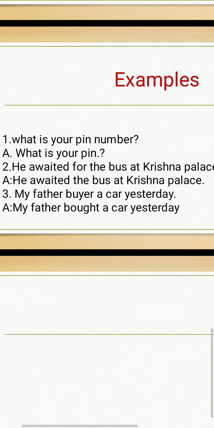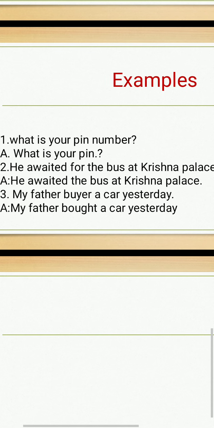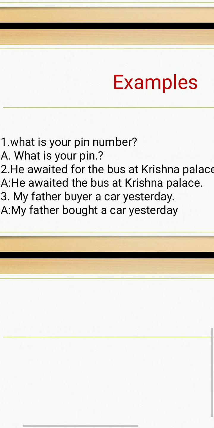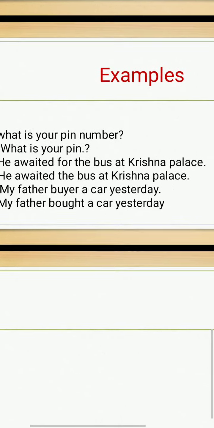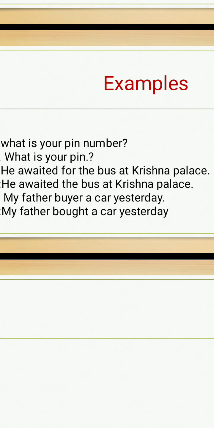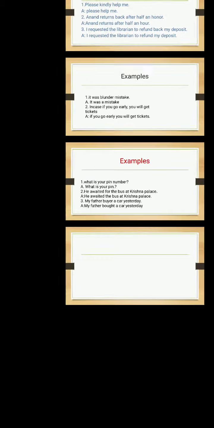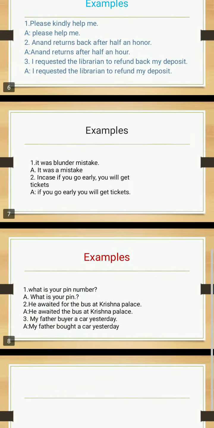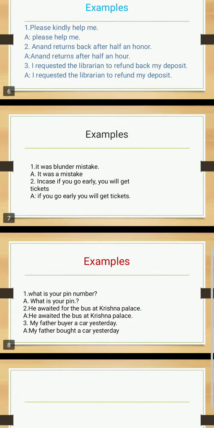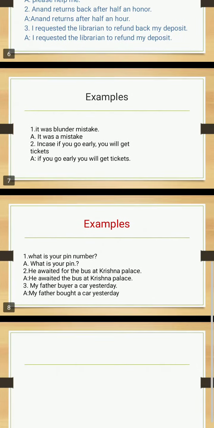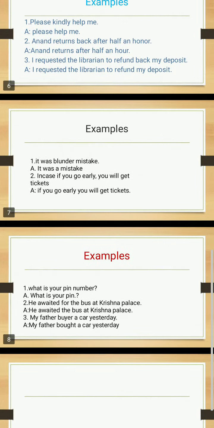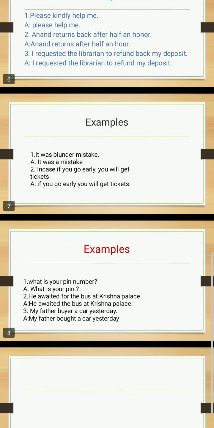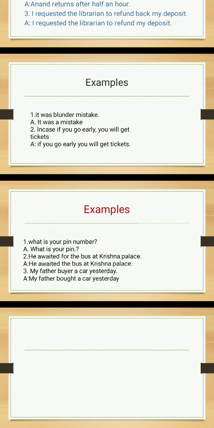Then have a glance over the third example. My father bought a car yesterday. There is a wrong usage of vocabulary here, that is, V3. What is the third form of buy? Buy, bought, bought. So, my father bought a car yesterday.